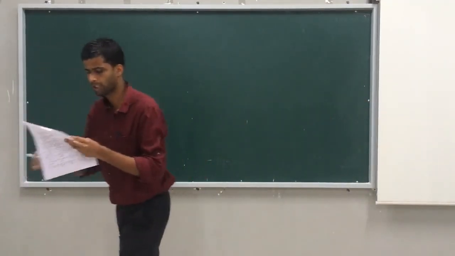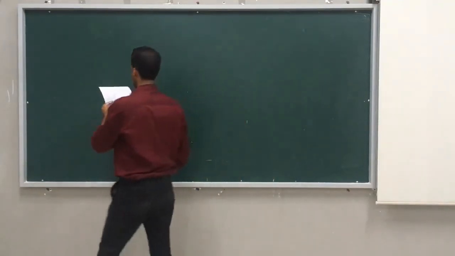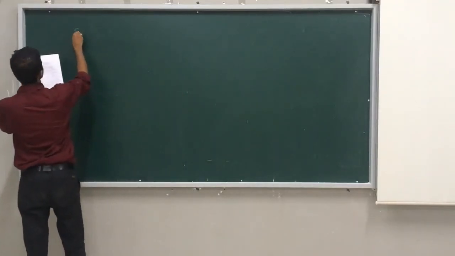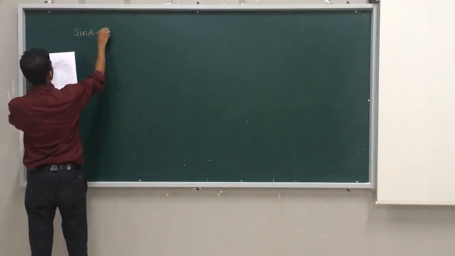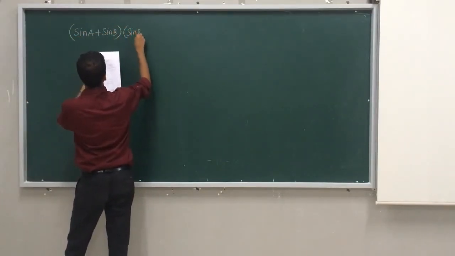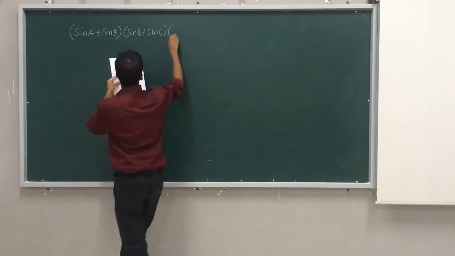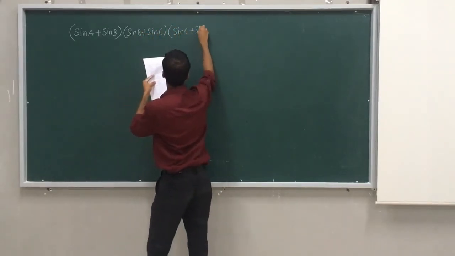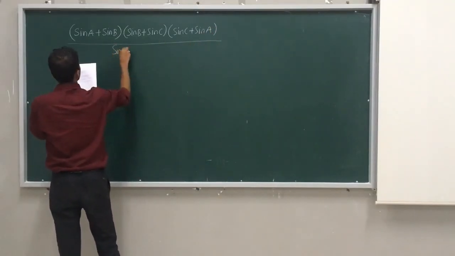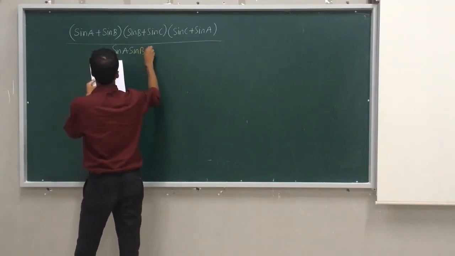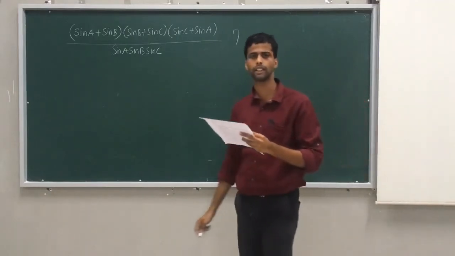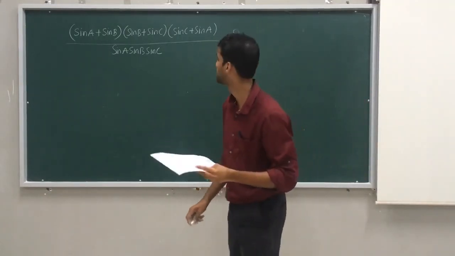Now I will move on to question number 16. If A, B, C are acute positive angles, then sin A plus sin B into sin B plus sin C into sin C plus sin A divided by sin A sin B sin C is, whether it is less than 1, more than 1, equal to 1, greater than 2.